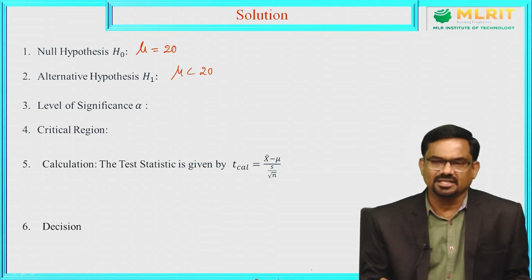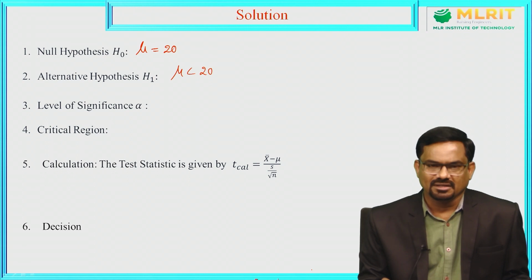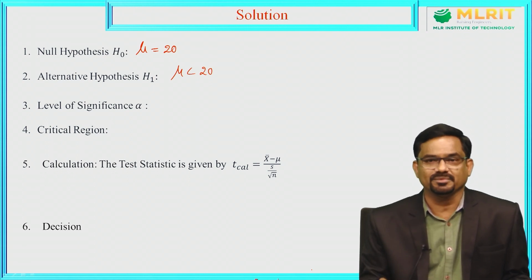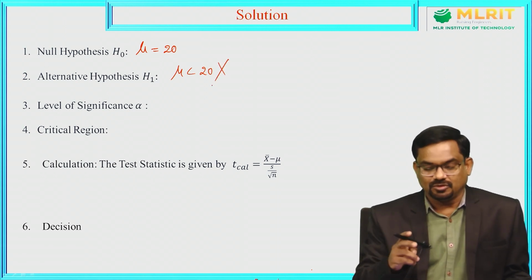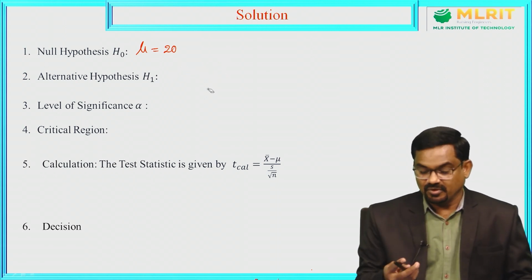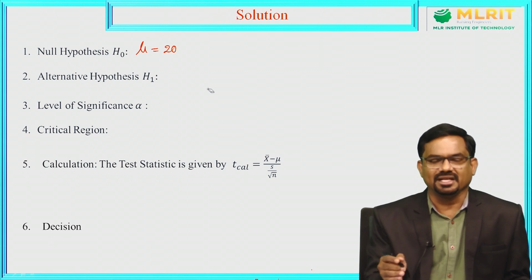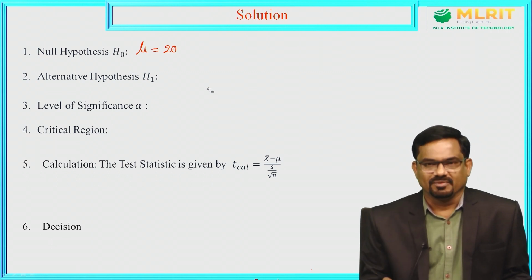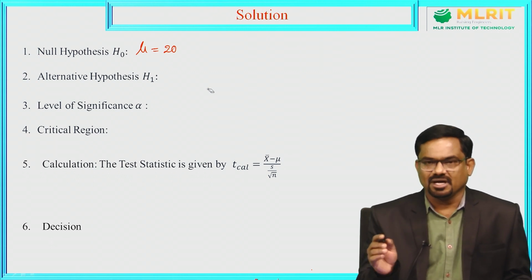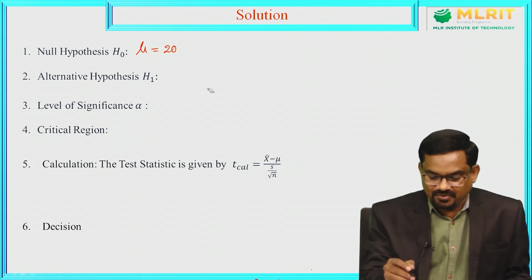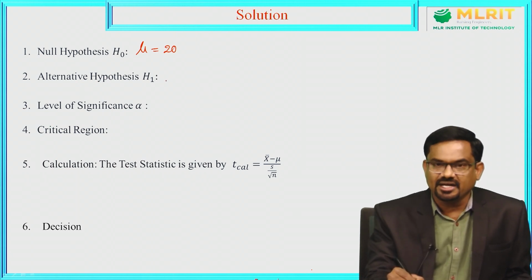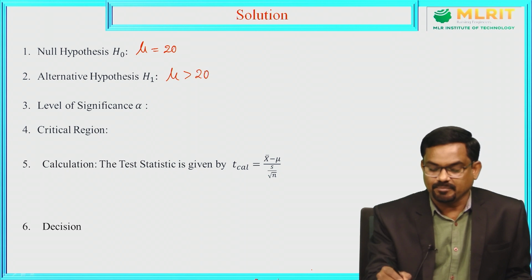Can we reject the null hypothesis, or the company's claim, if we consider the less than type? Again not possible. So which is right? To reject the null hypothesis, we have to show that on an average it takes more than 20 minutes between the call and reaching the hospital with the patient.